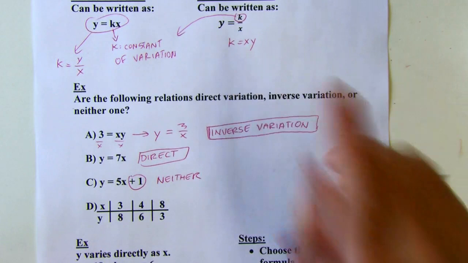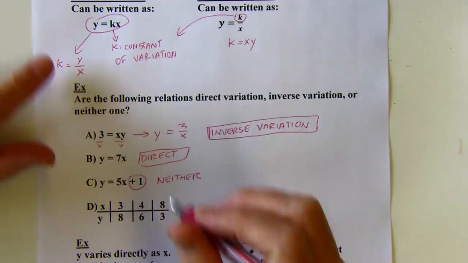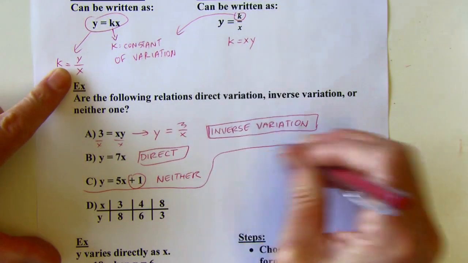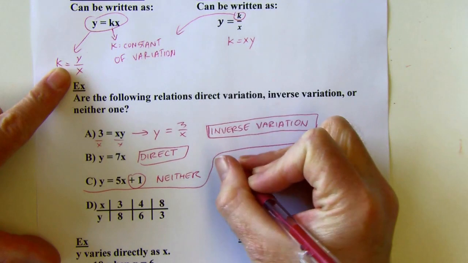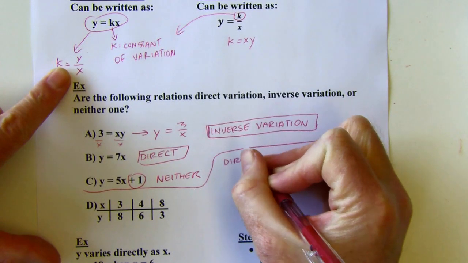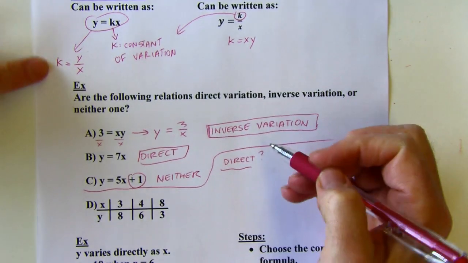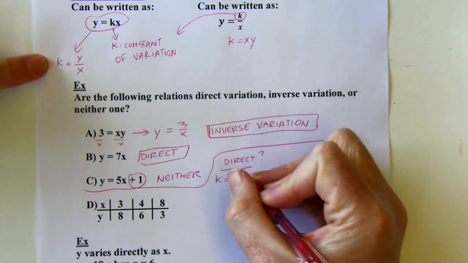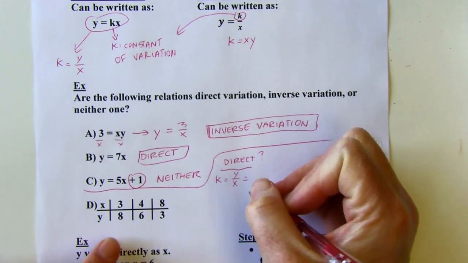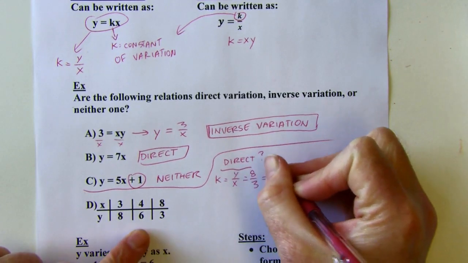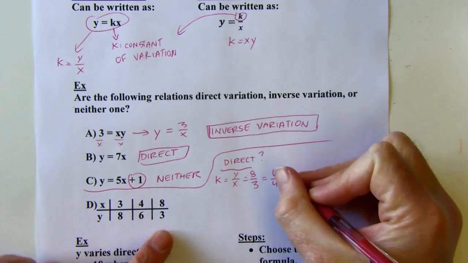Okay, so let's check this for direct variation. Here, let me separate this one here. So I'm thinking, is this direct variation? Well, if it is, then k is always going to equal y over x. So I want to think, well, 8 over 3, and then I'd have 6 over 4, and I'd have 3 over 8.